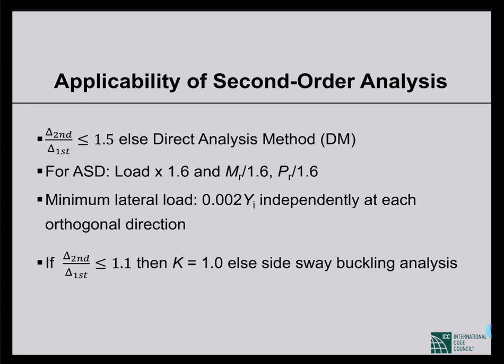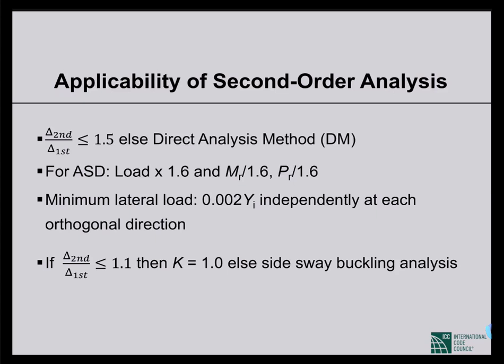If it is more than 1.5, then we have no choice but to abandon these simple methods and go for the direct analysis method, which is a very recent method. I'll talk about that tomorrow.